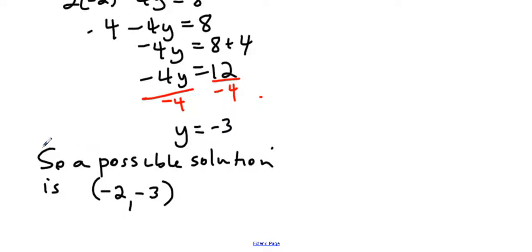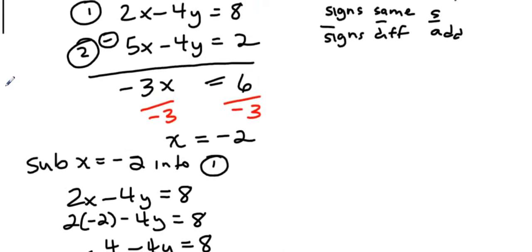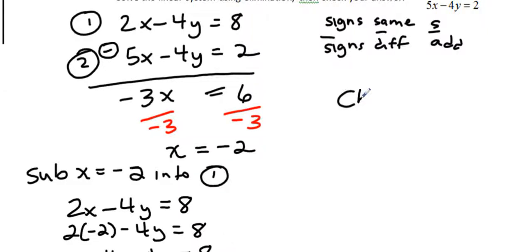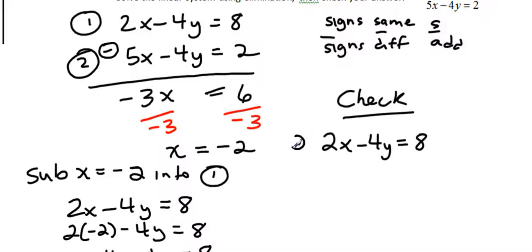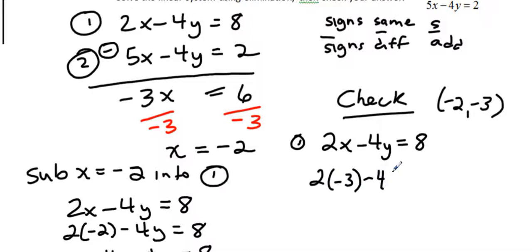We need to check. So I'll just go back up over here. I'm going to check. I have to substitute into both equations, so I'll start with the first one. And we're checking to see if minus 2, minus 3 works. So 2 times minus 2, not minus 3, minus 4 times minus 3 equals 8.